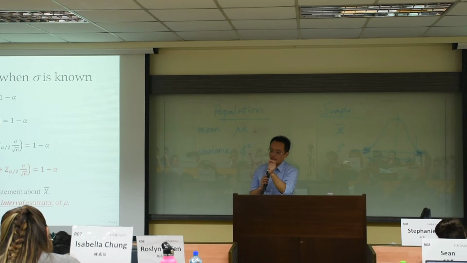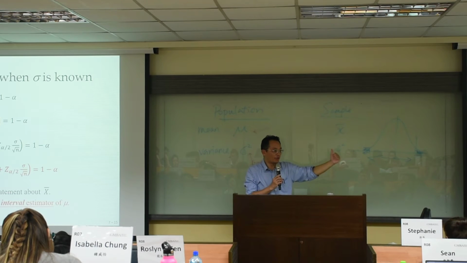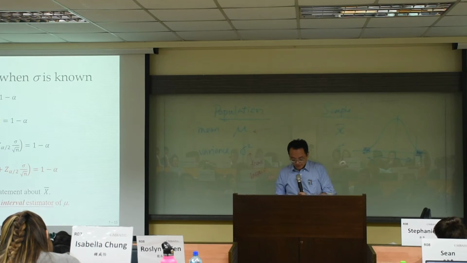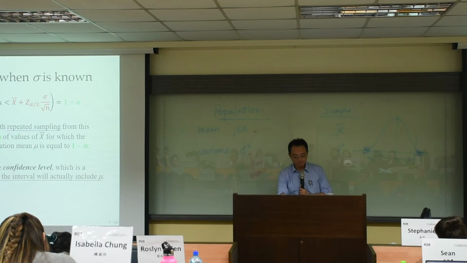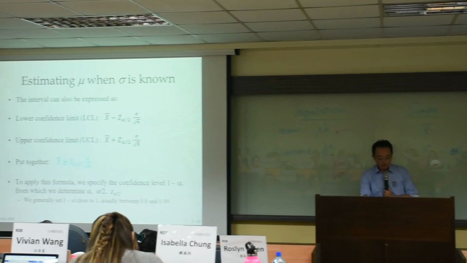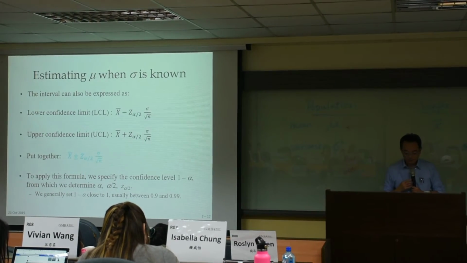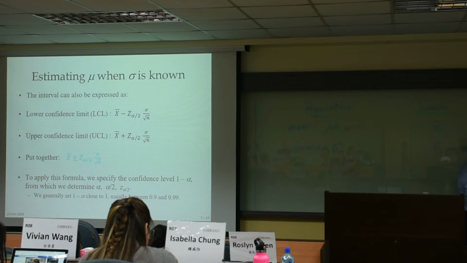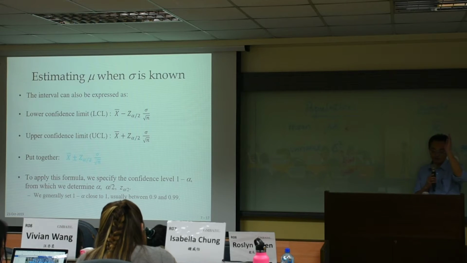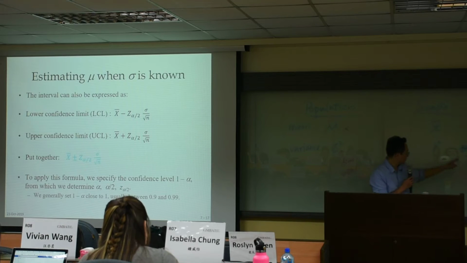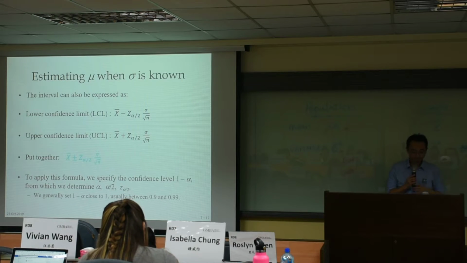So with smaller alpha, we will have a wider interval. So we know this as well. The value of this interval is actually calculated by this z of subscript alpha over 2. This is actually this value.